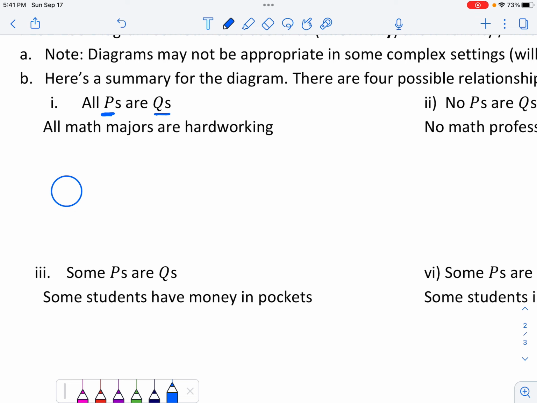If we use this to represent set P, because all P's are Q's, P has to be inside the set Q. And oftentimes we also use a dot to represent an arbitrary but particular element of set P. From this graph, we can see that no matter where you draw a point from P, it's absolutely inside Q. So this diagram represents all P's are Q's.